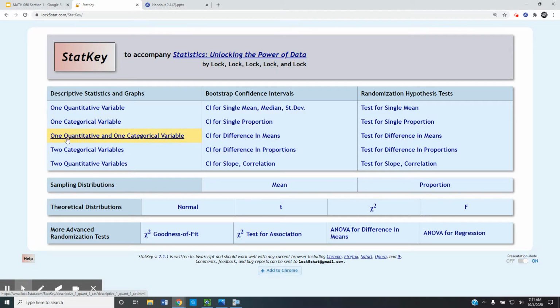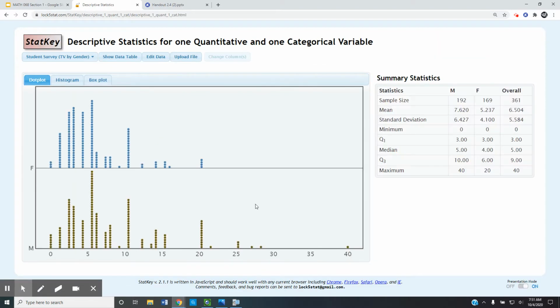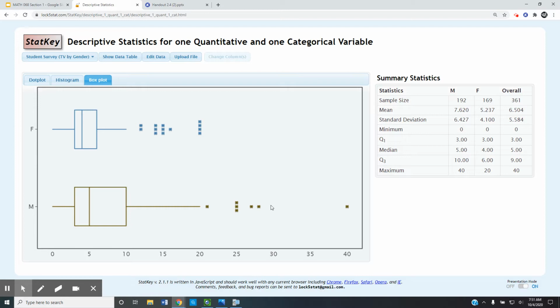If we run a box plot, first we have to choose one quantitative, one categorical. This looks like it would have an outlier here. See this person right here, this 40? That looks like it might be an outlier. If I run a box plot, sure enough, all these asterisks are outlier data. We're going to figure out how to calculate that outlier data today, and how to figure out that these are actual outliers.